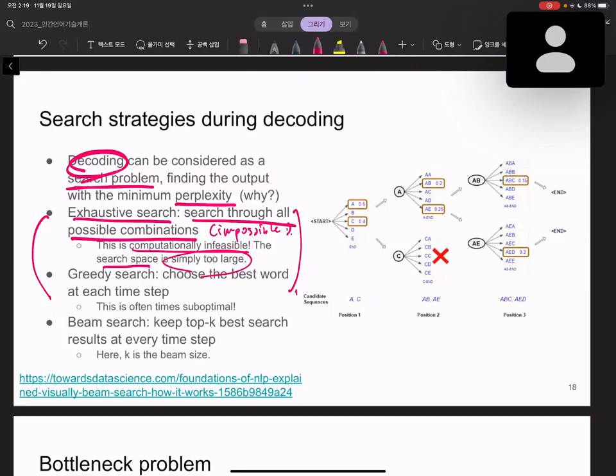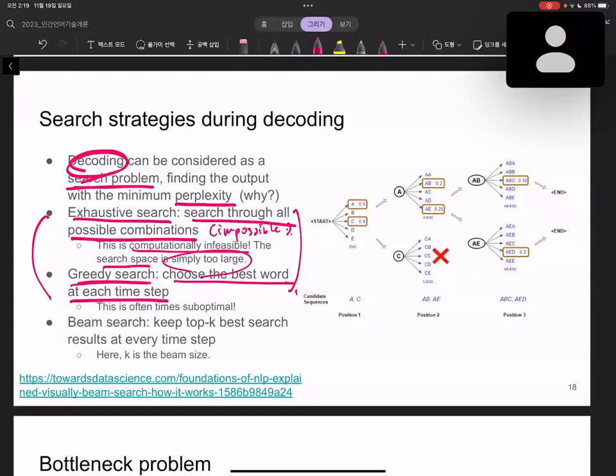And the second is greedy search. That means we choose the best word at each time step. And for all greedy search algorithms, the limitation is that the final result might be suboptimal.